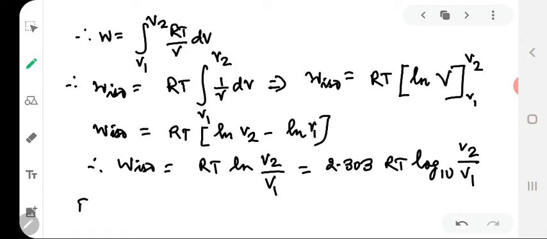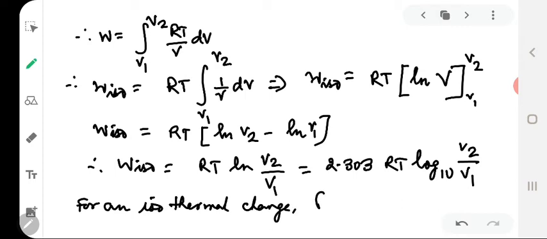Now for an isothermal change, we know that P1 V1 is equal to P2 V2. So this implies that V2 by V1 is equal to P1 by P2.